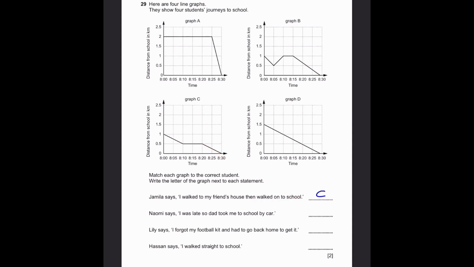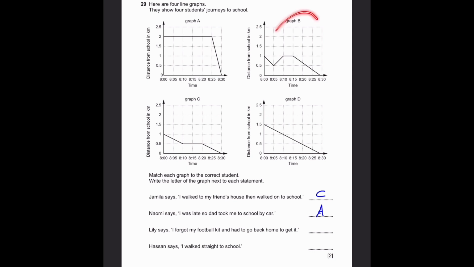Naomi says, I was late, so Dad took me to school by car. So if you're late, that means you were not journeying to school until the last few minutes. Graph A shows exactly that. Leaves at 8:25, 8:30 school starts. So Graph A is Naomi. Lily says, I forgot my football kit and had to go back home to get it. If you forget your football kit and you have to go back home, that means you walked some distance already and then you go back to the starting point.